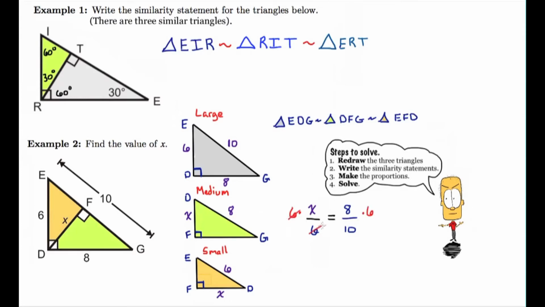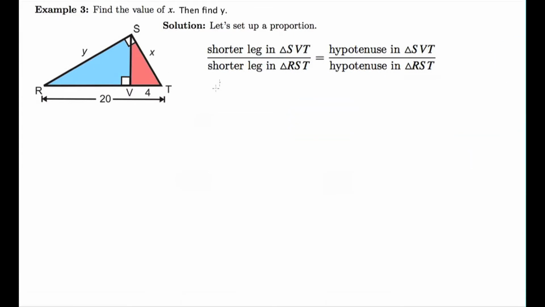Medium side to hypotenuse equals medium side to hypotenuse. Now I can multiply both sides by 6 and I get 48 over 10, x equals 4.8. So we use the proportional statement here between the small and the large using the medium side to the hypotenuse.